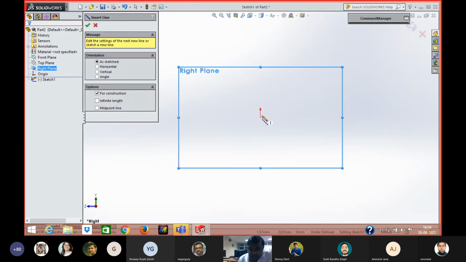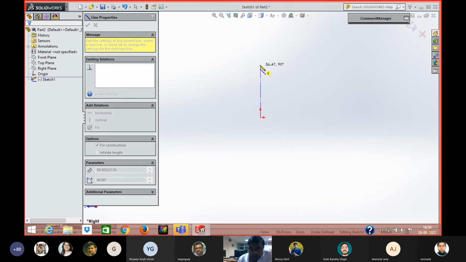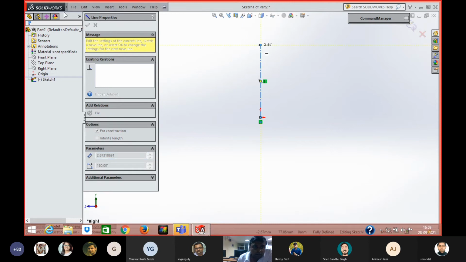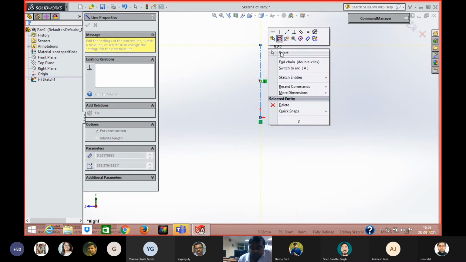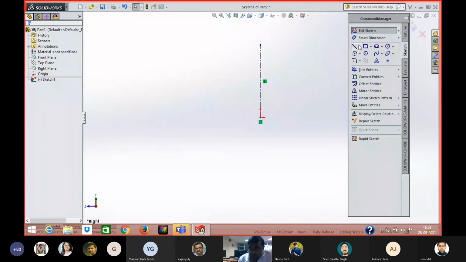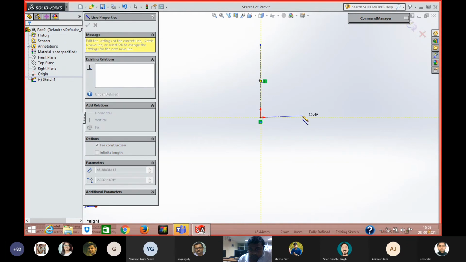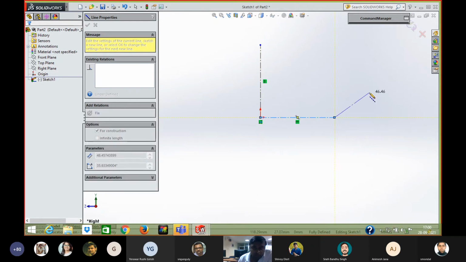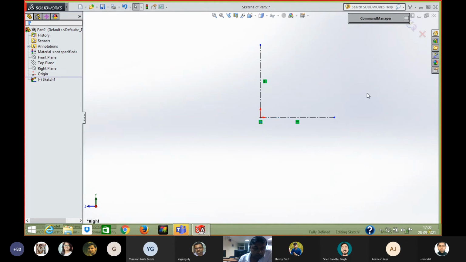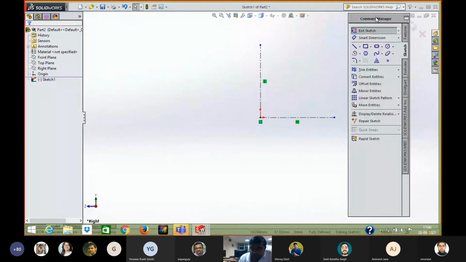We can take a center line for revolving sections. Then take a spline from any portions.